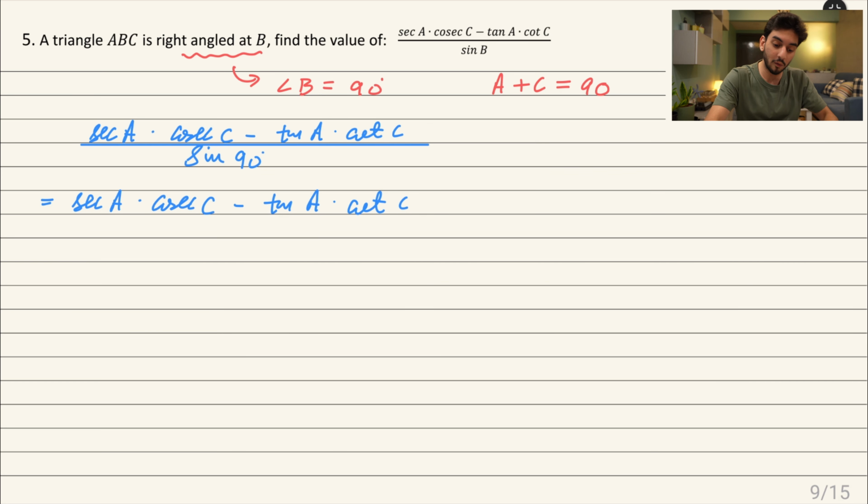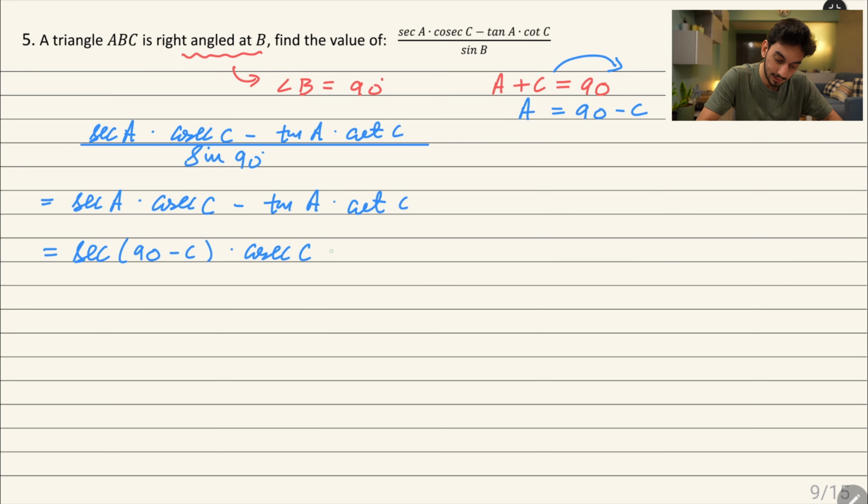So over here, can I just say that sec of A can be written as sec of (90 minus C), because A is actually 90 minus C. The C can go to the other side. So instead of A, I have written (90 minus C) times the cosec C minus tan of A, which can be written as tan of (90 minus C), times the cot C. We know sec(90 minus theta) is cosec theta.